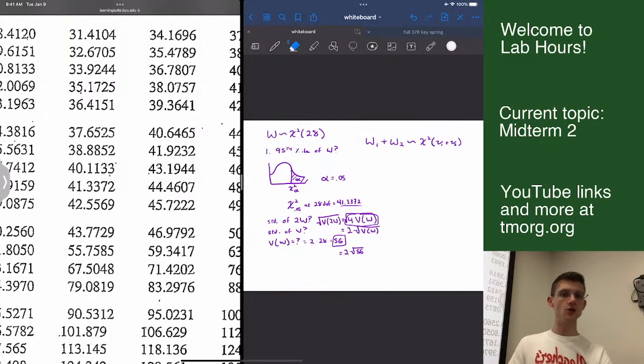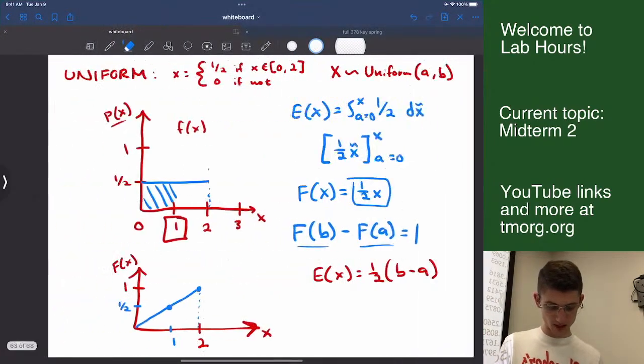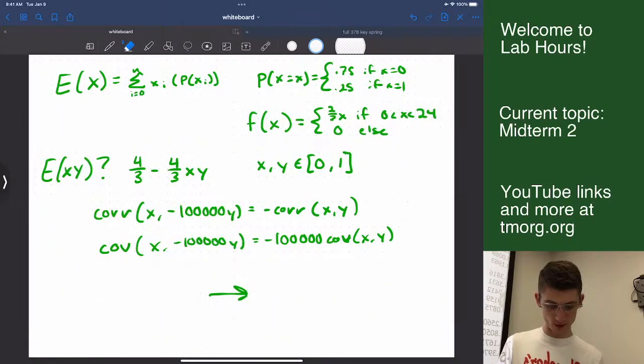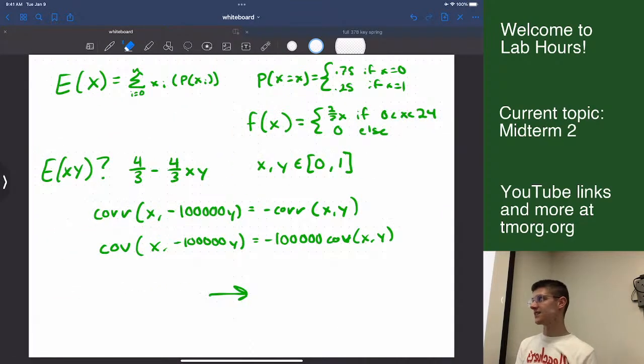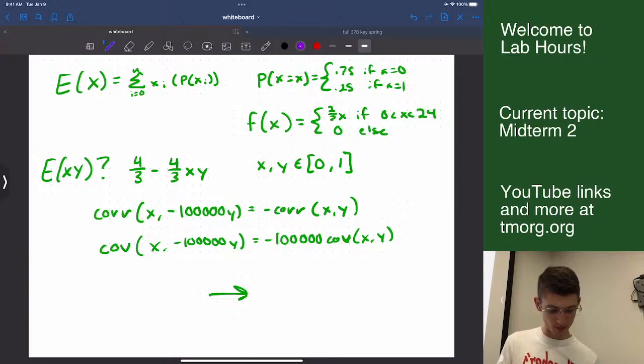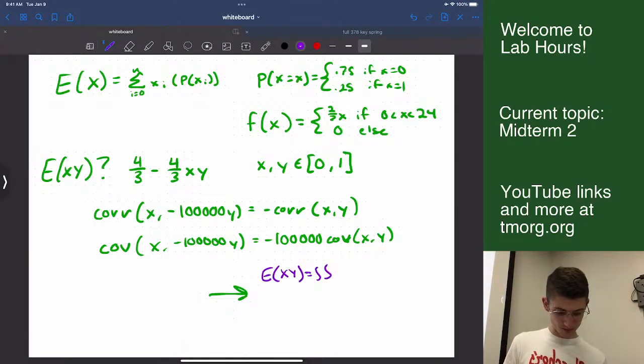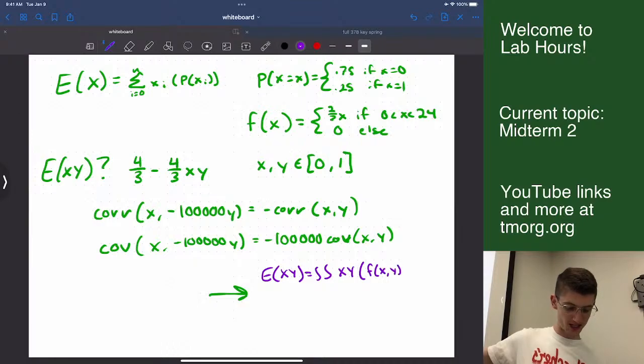Then you still have to remember how to find covariance and correlation, which means you need to remember this little expected value trick that I've been talking about for a while: the thing times the thing. I erased it, but please remember the expected value of xy in this case would be equal to, over the bounds of the two parts, the thing times the probability of those things happening at the same time, integrated over the bounds of both.